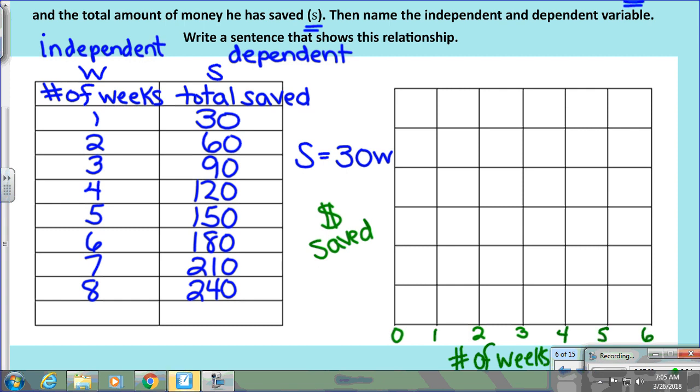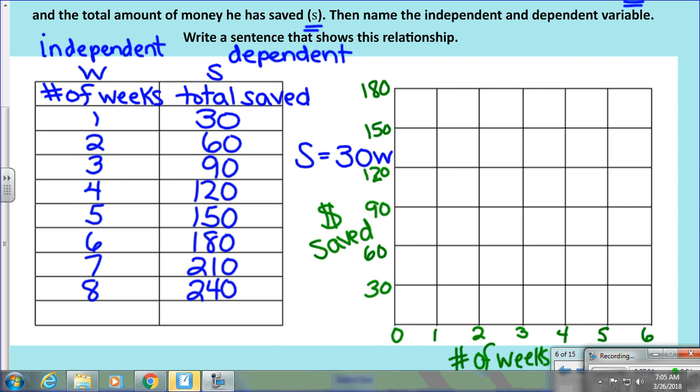Our graph doesn't seem big enough to accommodate the 8 weeks, but we will just go with 6 weeks. And then we're going to go up, counting by 30s. And again, our graph does not accommodate everything that we have in the table. That's okay. We are not going to put anything at 0 because none of our weeks were at 0.